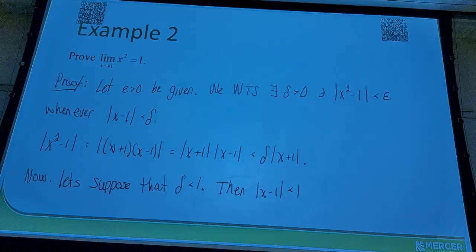Then now the absolute value of x minus 1 would have to be less than 1. I'm actually going to make that less than or equal to 1 to make the logic better. It doesn't really matter. Nothing changes. Another way of writing that.